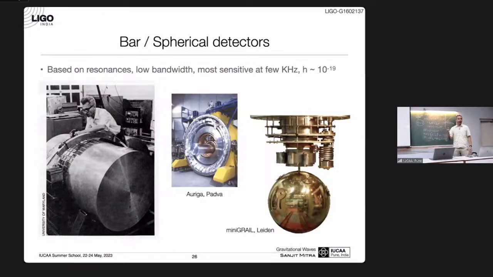Then there's the resonant part. In order to have very high sensitivity, that is to measure small signals, this bar should have a very good quality factor. That is, any small perturbation should really shake the bar as much as possible.